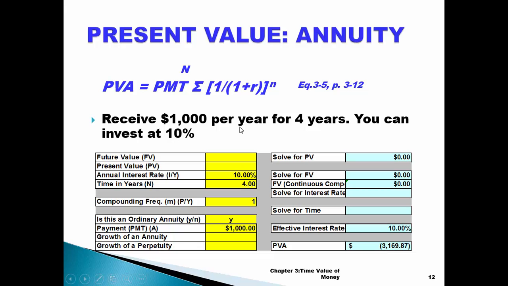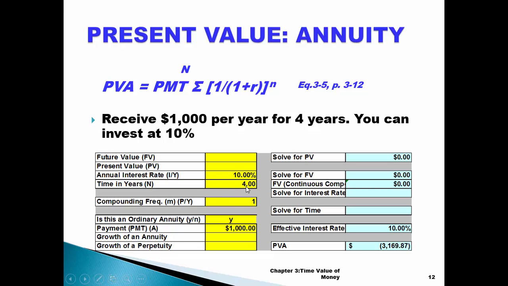What if you were going to receive $1,000 a year for 4 years? You can invest at 10%. So again, plugging in, the primary thing we have to remember that's the difference here is we are now making or receiving $1,000. So the $1,000 payment now is positive. 10% is the interest.